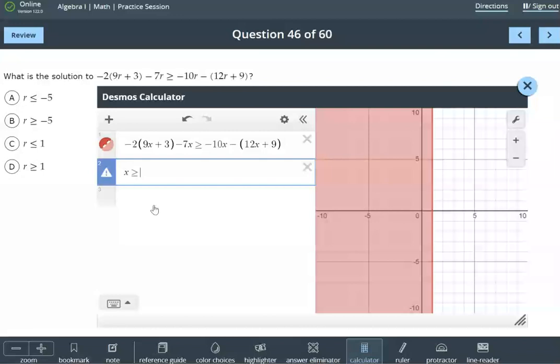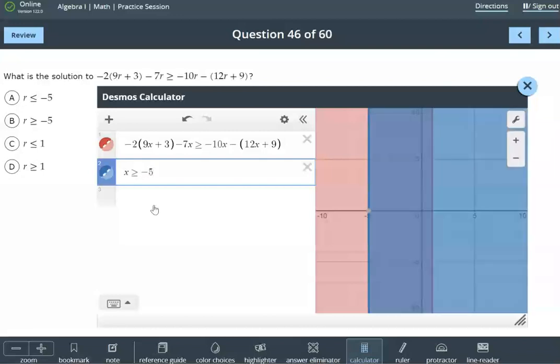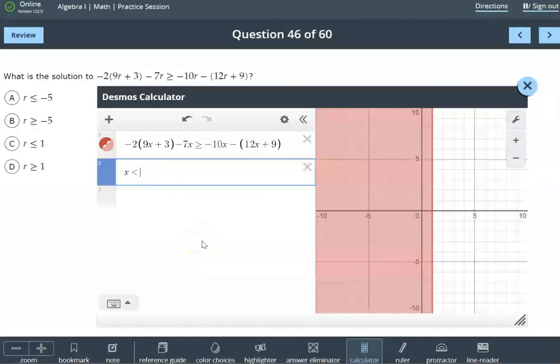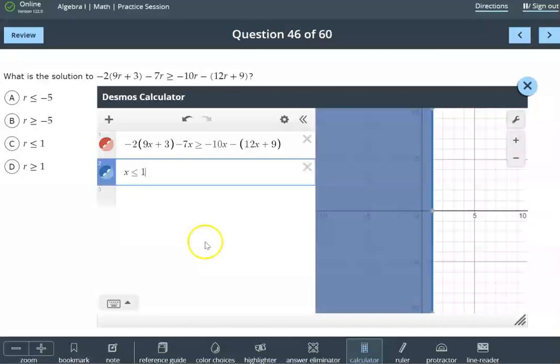So let's do answer choice B to show you what that looks like. And see, it's showing you everything to the right of -5, which is not correct, because the solution will match the original inequality. And so X is actually less than or equal to 1. Correct answer is answer choice C.